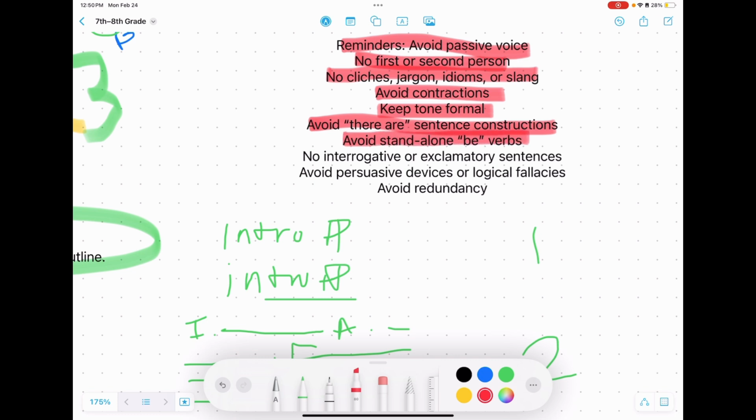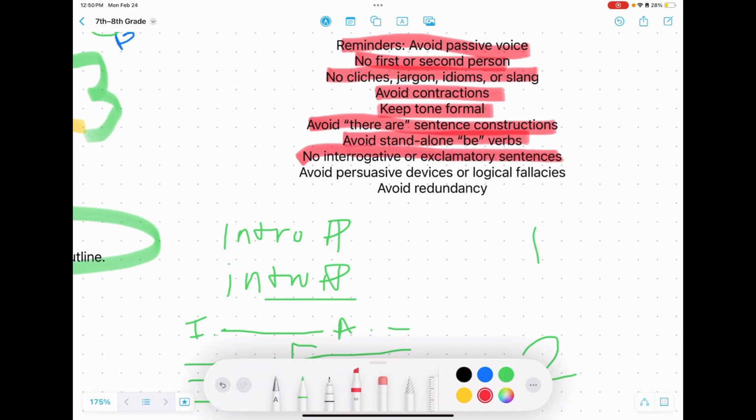Avoid standalone be verbs. Now, there may be times where you have to use a be verb, but I can tell you with a lot of good editing and very careful constructions, you can avoid a be verb in your entire paper, a standalone be verb. I know this for a fact. I've done it and I've helped students do it. So you can do it too.